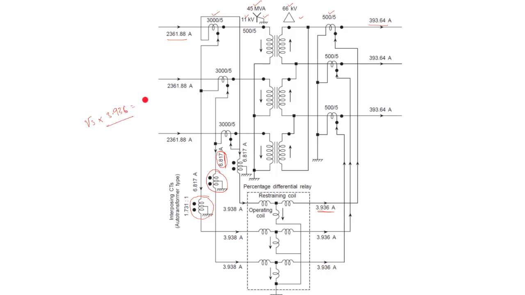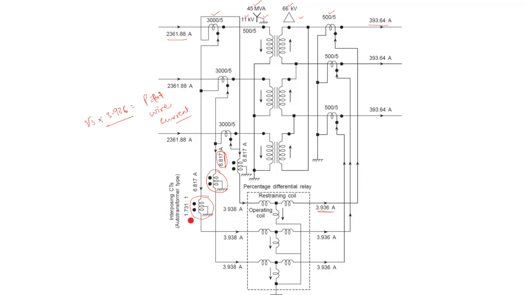So this is your pilot wire current at the primary side, and in order to balance this current from both the primary side and the secondary side, the interposing transformer is used here.